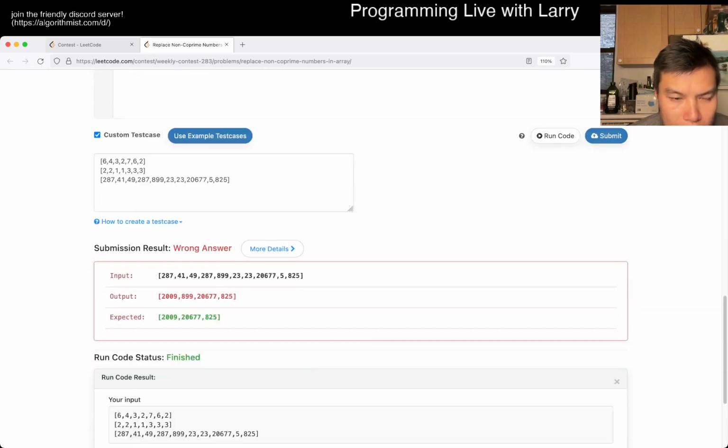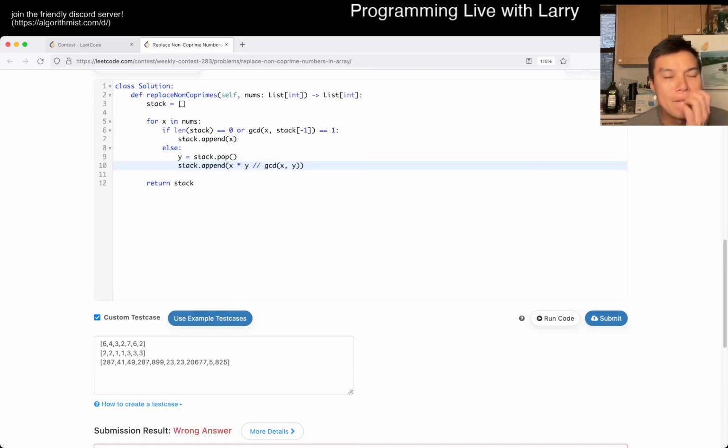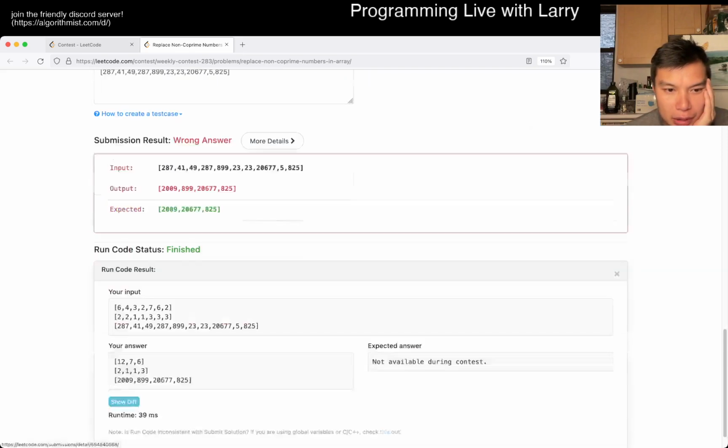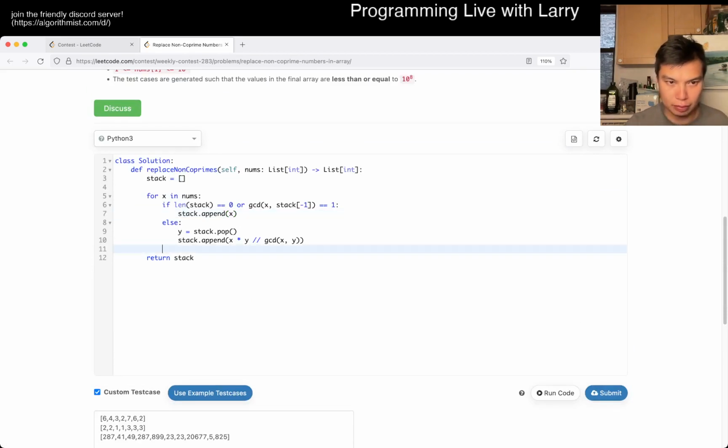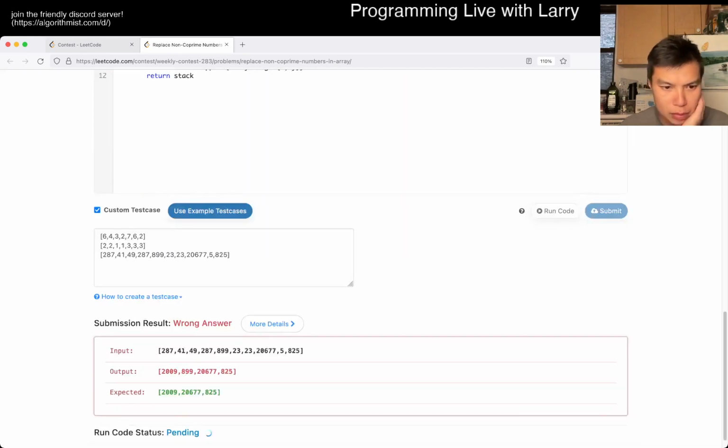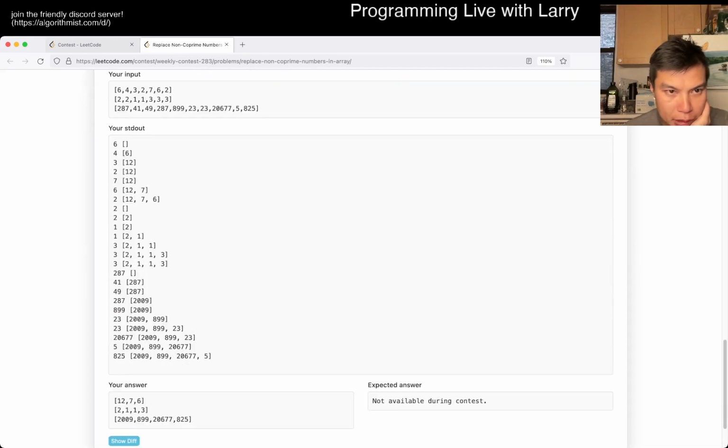So if it's 0 or if it's equal to 1, stack, right? Okay, so what's wrong with this one?